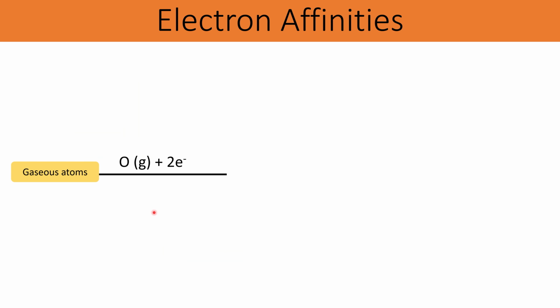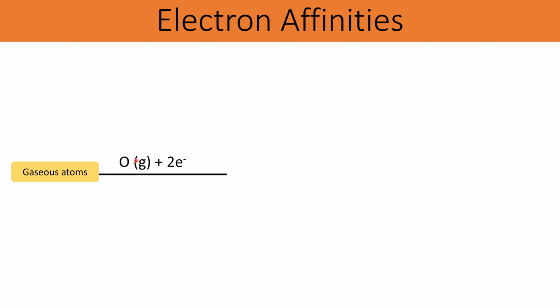The same sort of scenario applies for electron affinities, right? So say you were starting with, for example, oxygen in its standard state, so it would be half O2 as a gas. And then it underwent the atomisation to break the bonds to form gaseous oxygen atoms, and then we end up here. Well, with oxygen, you've got to form oxide, which is O2 minus, so you'll need to actually reduce this twice.